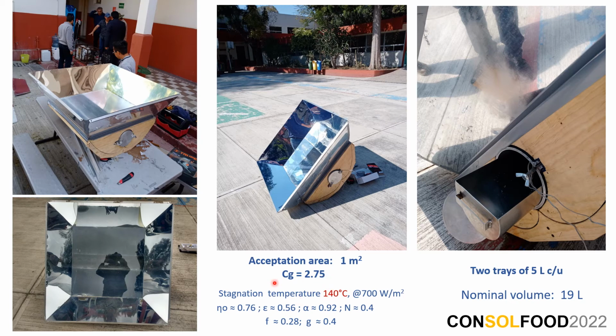However, its optical efficiency could be improved by reducing the average number of reflections, by coating the corners that form the mirrors of the first stage of concentration.